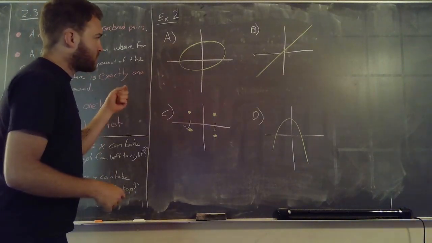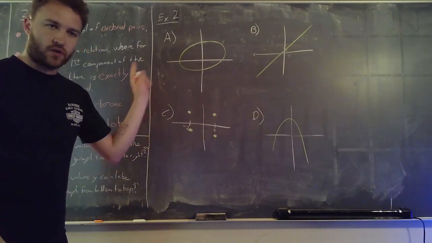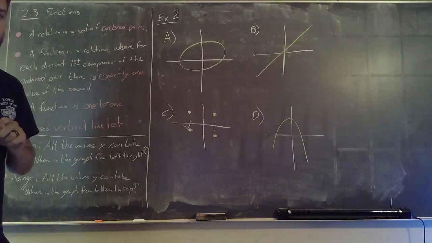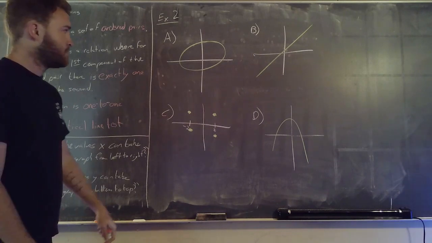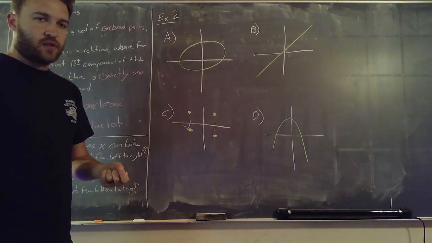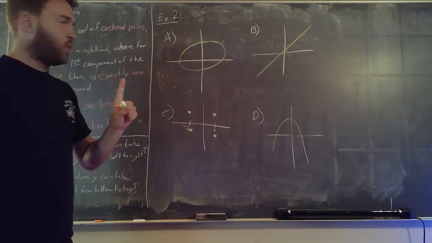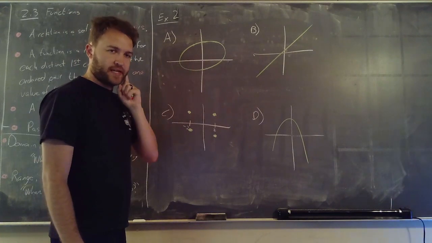And so what the vertical line test states is if we just draw a sequence of these vertical lines across our graph, we need to make sure that every vertical line only crosses in one place, and some will be more obvious than others. So usually what's easiest to do with the vertical line test is to check to see if we can find one example where a vertical line that I could draw here is crossed in more than one place.